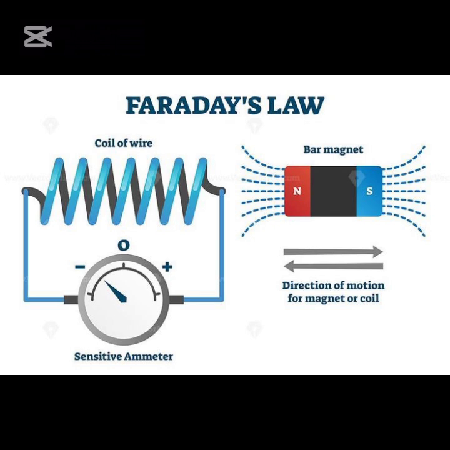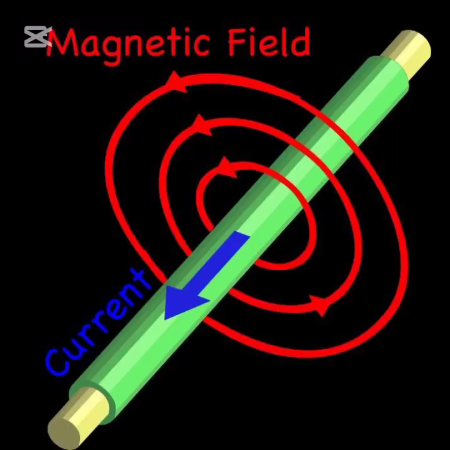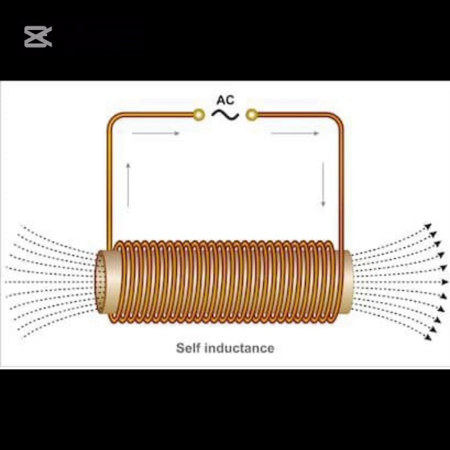Let's proceed. Analyzing this inductance further, the magnetic flux linking with the conductor consists of two parts, namely, the internal flux and the external flux. The internal flux is induced due to the current flow in the conductor. This is called self-inductance.